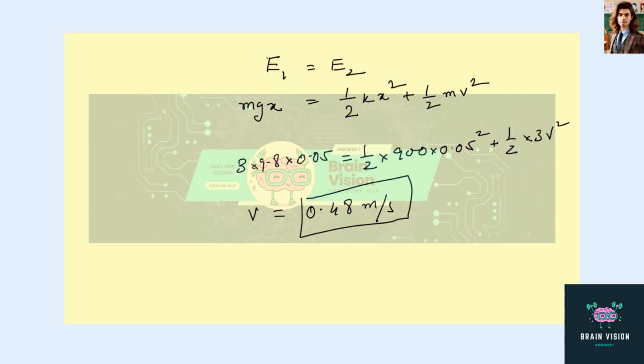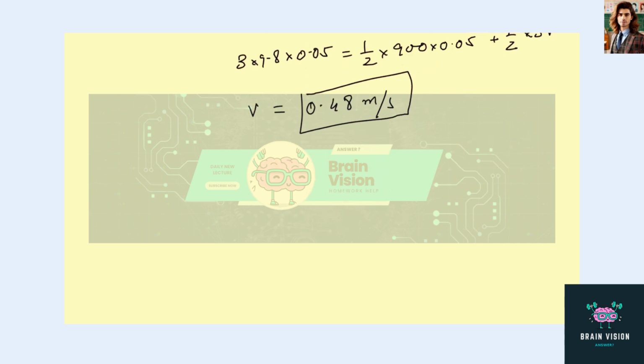Next, you have to calculate the maximum speed as it descends, right? Now, what happens here is we need to calculate the equilibrium position. To calculate the equilibrium position, we need to equate mg equal to k times xm, where xm is the equilibrium position, because at this equilibrium position, the forces will be balanced.